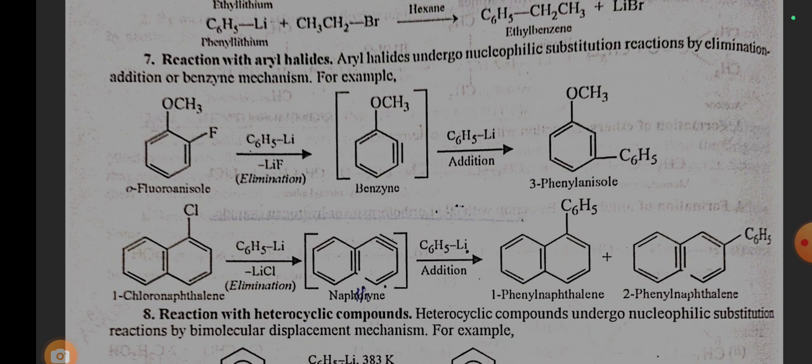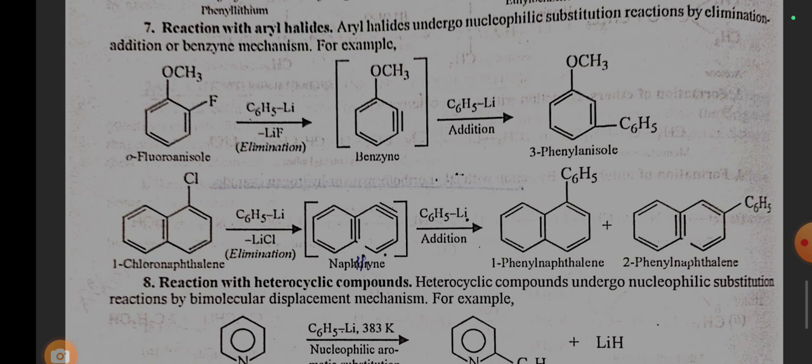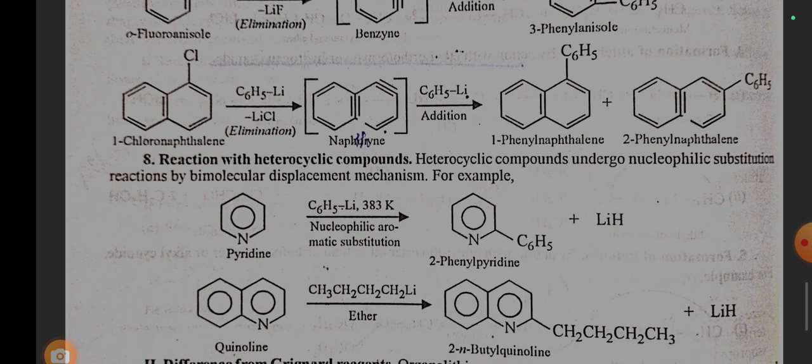Reaction with aryl halides. Aryl halides undergo nucleophilic substitution reaction by elimination-addition or benzyne mechanism. For example, ortho-fluoroanisole gives benzyne on reaction with C6H5Li, and after addition of C6H5Li it gives 3-phenylanisole.